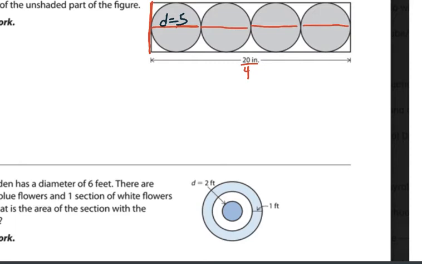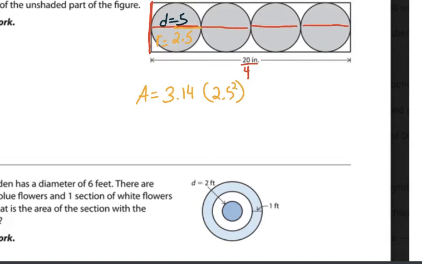When you divide 20 into 4 equal parts, you get 5. Therefore, the radius would be half of 5. What's half of 5? 2.50. So the radius is 2.5. Now I take the area formula, which is pi, we're going to use 3.14, times the radius squared, 2.5 squared.